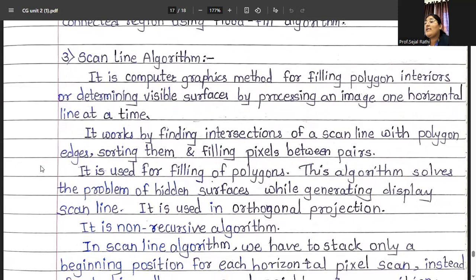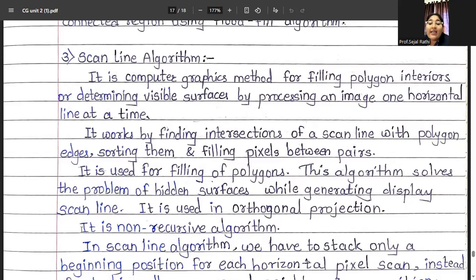So it is used for filling of polygon. This algorithm solves the problem of hidden surfaces while generating the displays in that scan line. So it is used in orthogonal projection and it is a non-recursive algorithm.